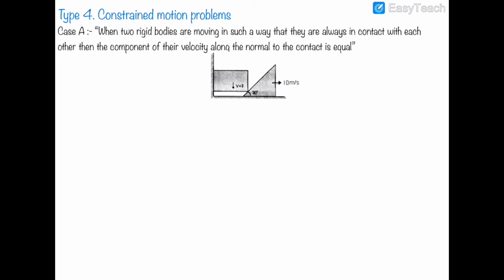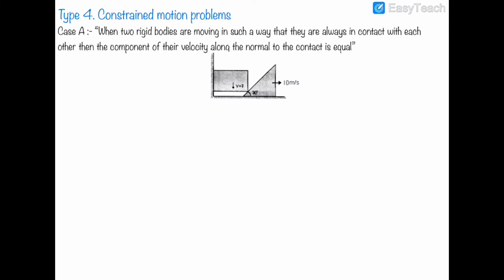Now what are the steps to solve these kinds of problems? So here is the first step. You have to identify the fact that the contact between the two moving objects is always intact. I mean to say that they are always in contact with each other throughout the course of their motion.